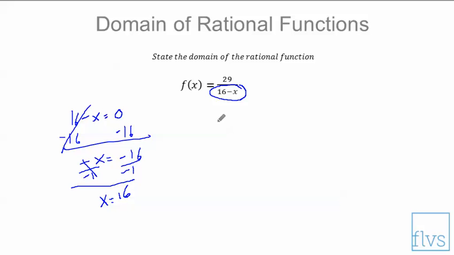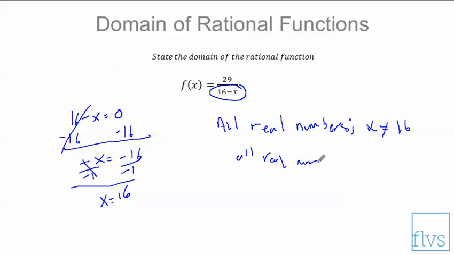So the domain, in this case, is going to be all real numbers, and then maybe something like a semicolon or a colon, and x cannot be 16. You could say all real numbers, and literally say except 16. A couple ways you could do it.